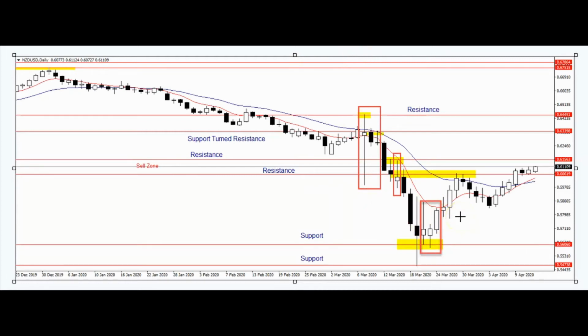So simply very similar to the Aussie dollar USD, we're going to wait for a price action signal around this resistance here, 61563, or between 60619 and 61563, or in fact up higher here at 63398 or thereabouts, to short this pair. And our first target would logically be around this 56060.